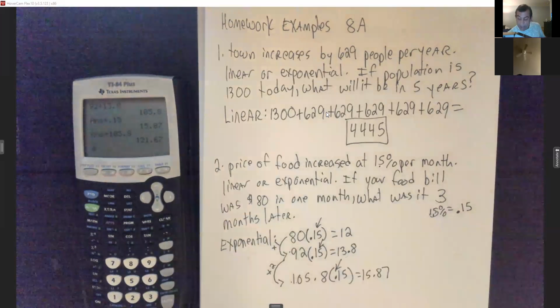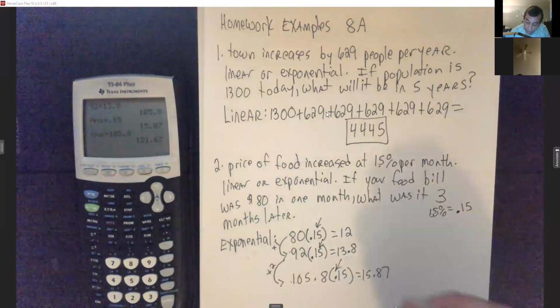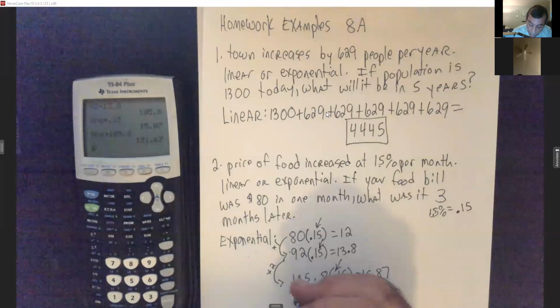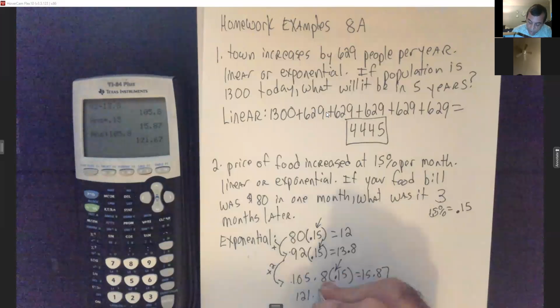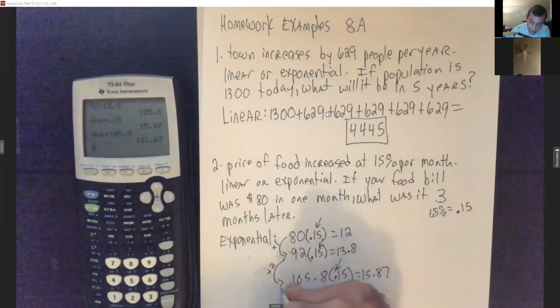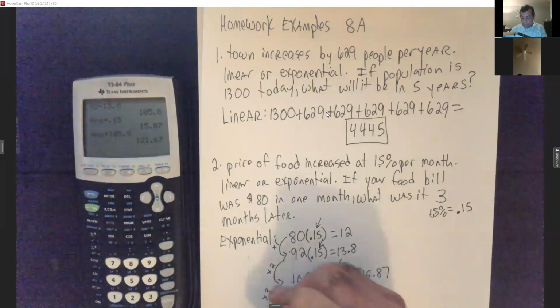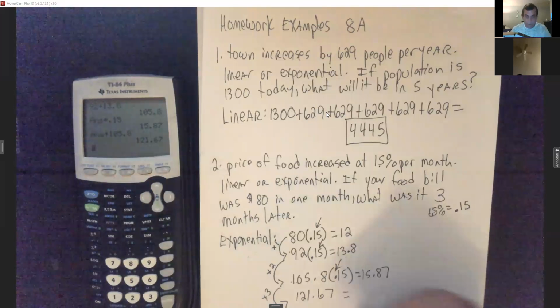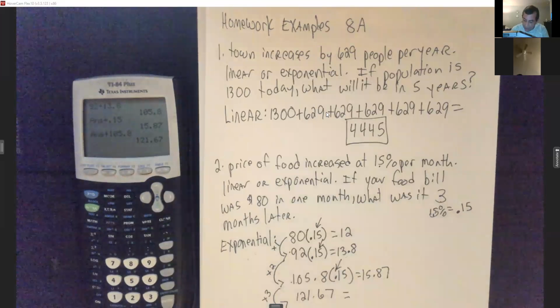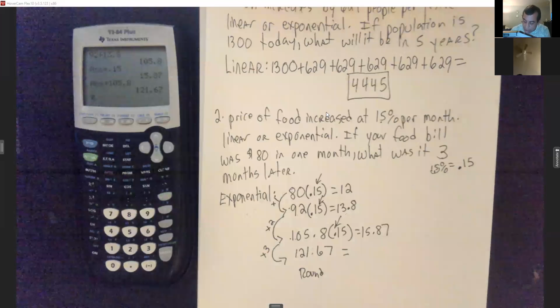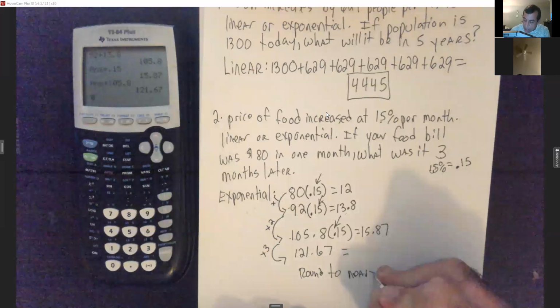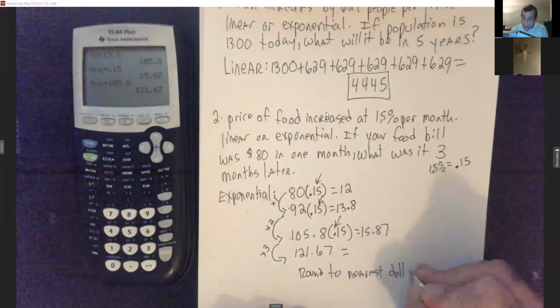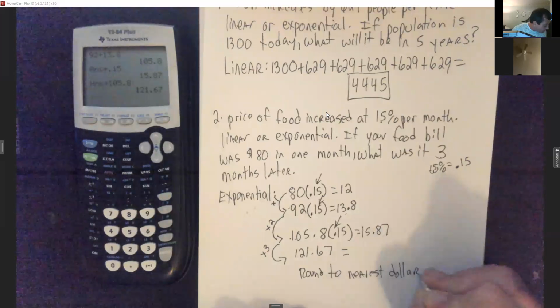121.67. Now this one wants me to round to the nearest dollar. So I got 121.67 on my third month. So we're going to round to the nearest dollar. So y'all, you need to watch these, okay?